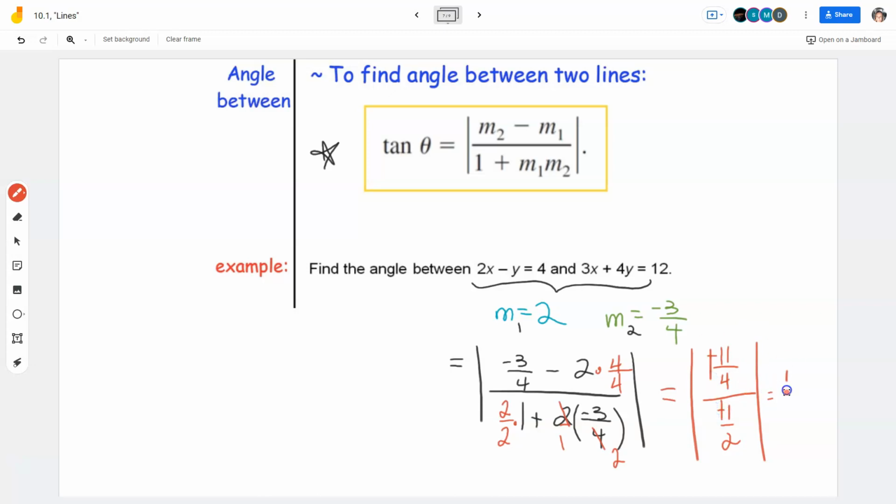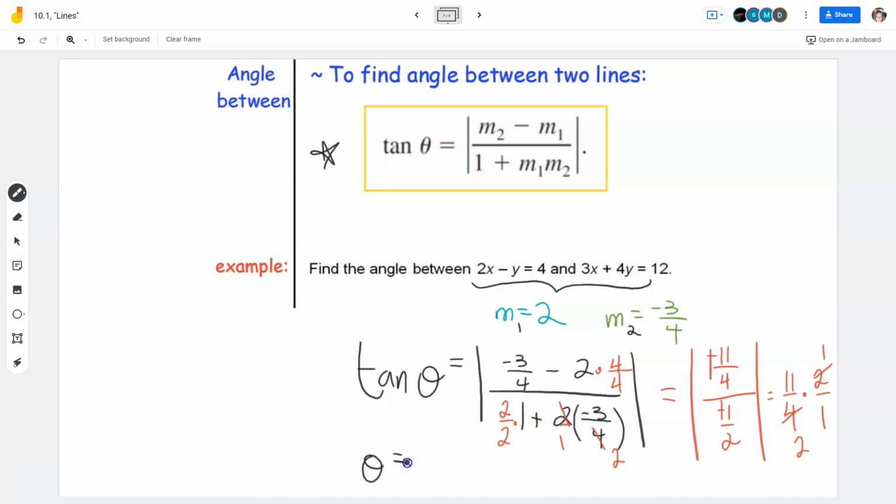Absolute value of a positive is a positive. I have 11 over 4 times 2 over 1 multiplied by the reciprocal. And I end up with tangent of theta equals 11 over 2.